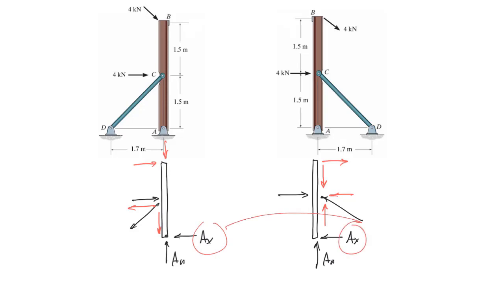How about AY? AY is going to have this component down. Because this is in tension, it's going to have this component down. And AY is going to be pulling up like that. Over here, this has got the same pulling down, except that because it's in compression, it's going to be pushing up. So in the Y direction, it's got this one force going down, this one's going up.